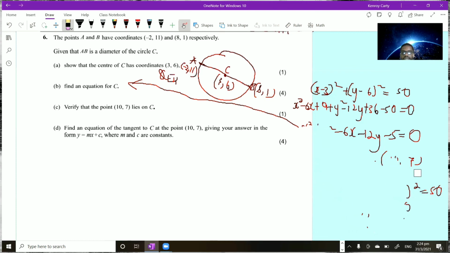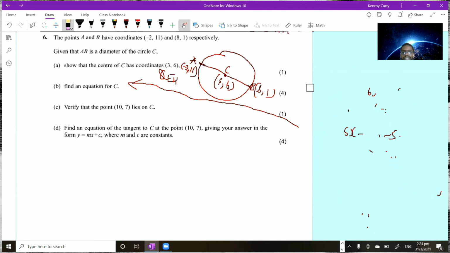It means we can put 10, 7 on the circle because we found out that 10, 7 actually lies on the circle. All right, let's get right into it. So let's say hypothetically speaking, I had 10, 7 right here. We want the tangent at this point, which means I'm going to have to draw a normal. The normal is the same as the radius.